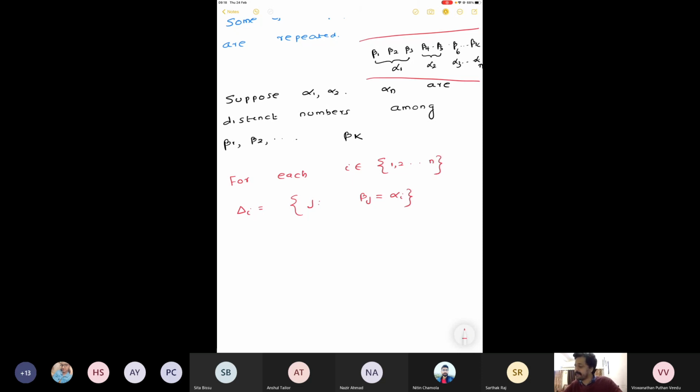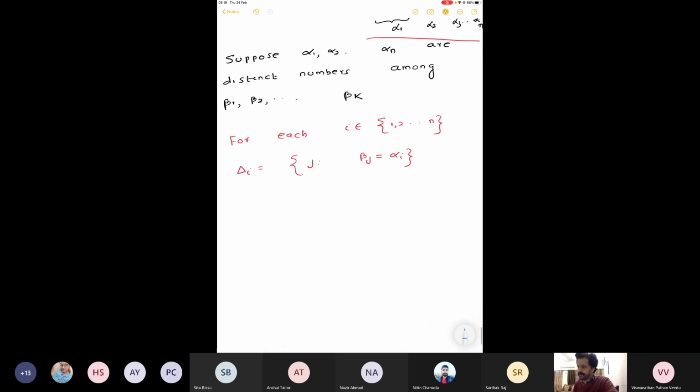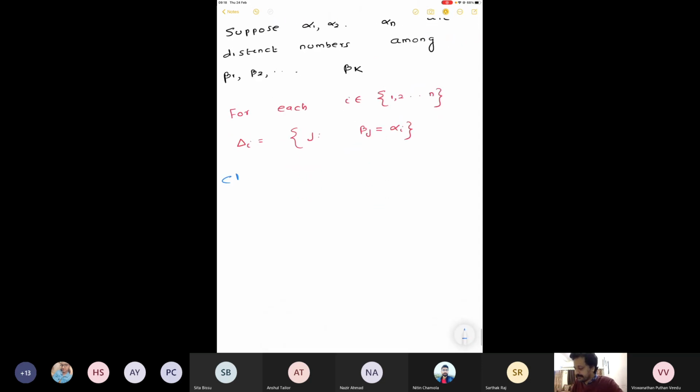Beta 4 and beta 5 are the same, and that is alpha 2. Delta 3 would be, and like that, so on. Others will be singleton sets. So what we did essentially is that from the given list, we extracted the distinct list by grouping. Now clearly, I will not give the details, you have to convince yourself.